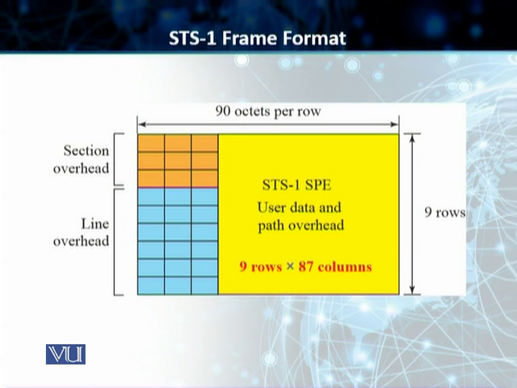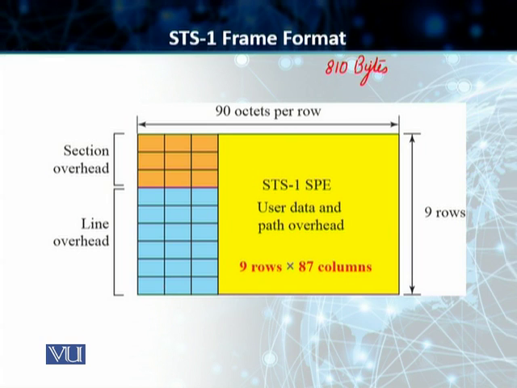Students, before we leave this discussion of STS frames, we'll talk about an example STS-1 frame format as well. As I told you, a SONET frame is a matrix of 9 rows of 90 bytes each, which makes up 810 bytes in the case of an STS-1 frame.